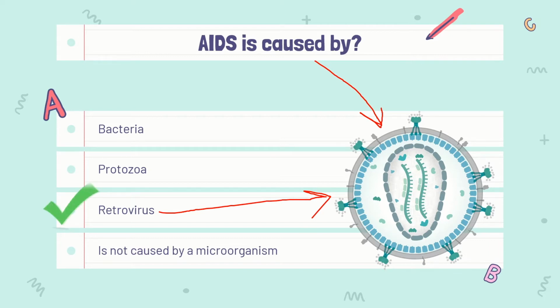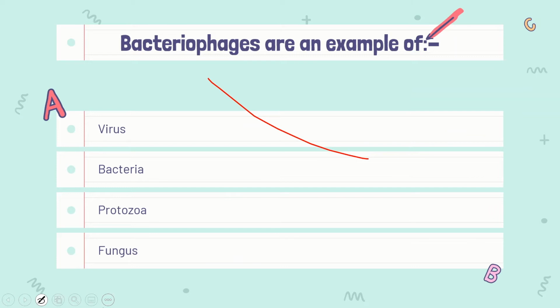Okay, so bacteriophages are an example of a virus. Let me tell you, a bacteriophage is a virus that parasitizes a bacteria.